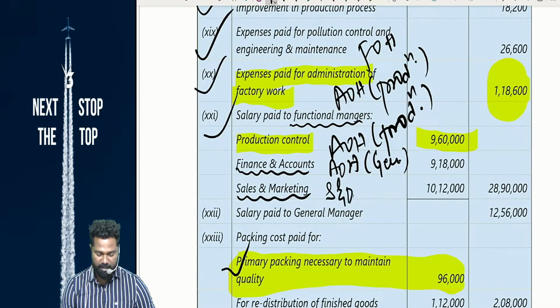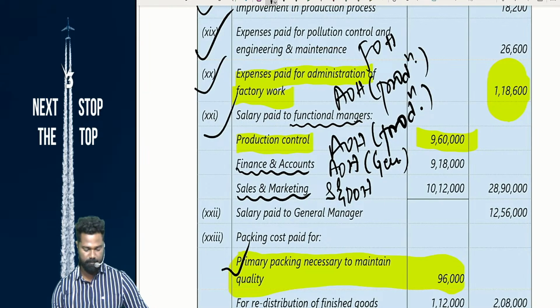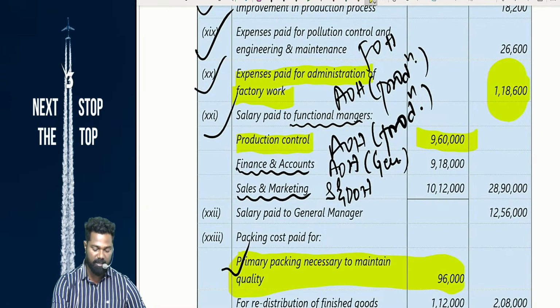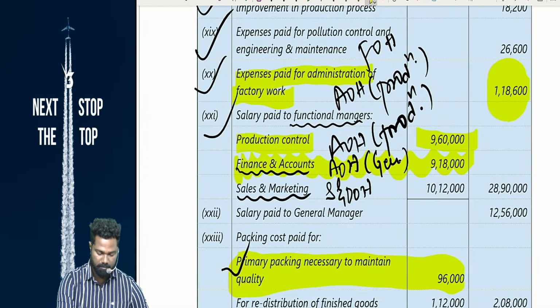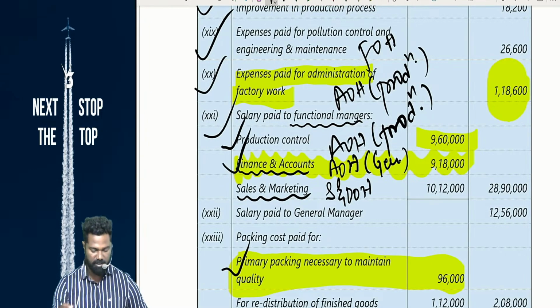Selling and distribution overheads. So salary paid to functional manager, and that for what? Finance and accounts, and that will come under general. So this is done. This is also done.